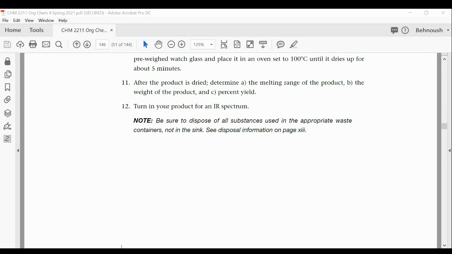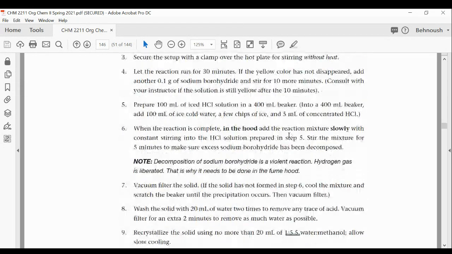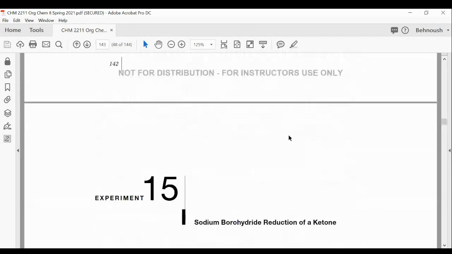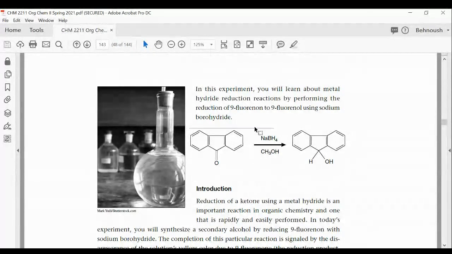And then, Cherise, to answer your question one more time, you talked about the use of the IR for this experiment. Let me bring the equation again. You're trying to compare the reactant to the product. I'm not expecting you to interpret every single peak, but look for the point of difference. The point of difference is the functional group, the C=O double bond for the reactant, versus the OH group that you have on the product.